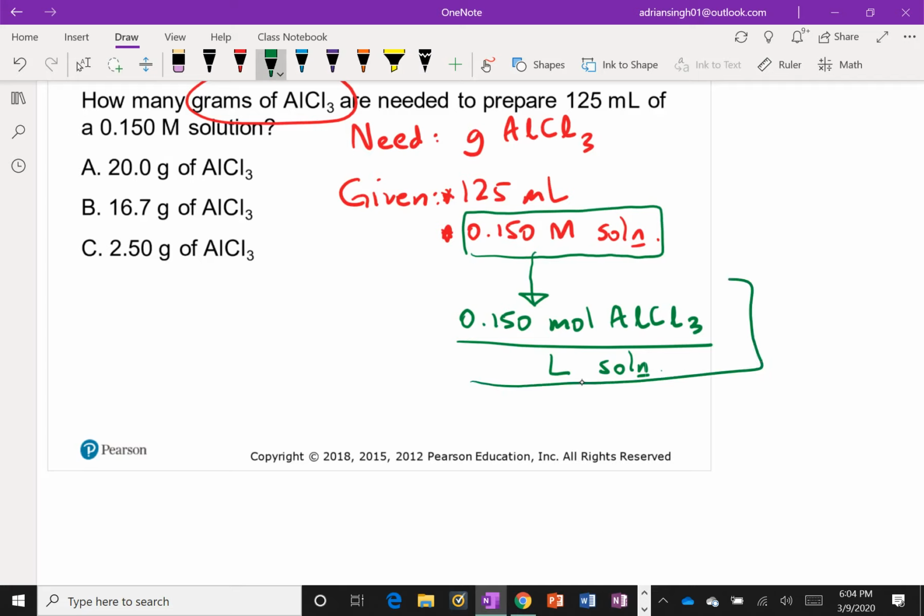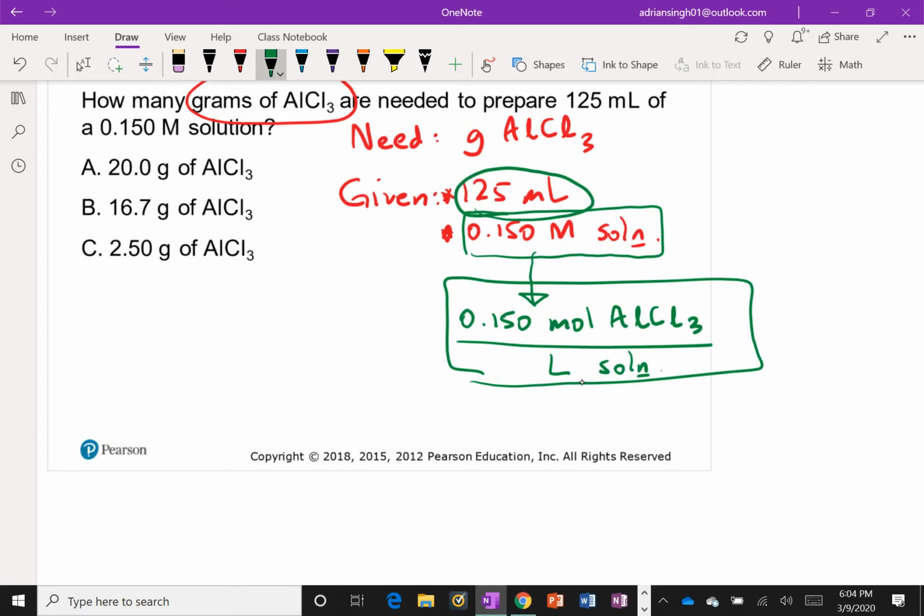We have to at some point. Do we have a liter of the solution? Are we given 1 liter? No, we're given milliliters, 125 milliliters, right? So it would make sense, in order for us to use that molarity, to have everything in the same unit, right?